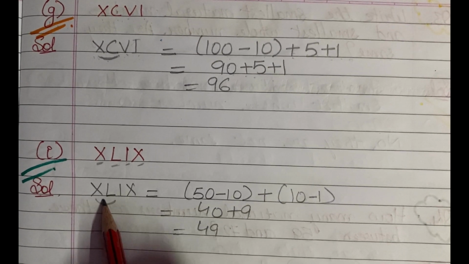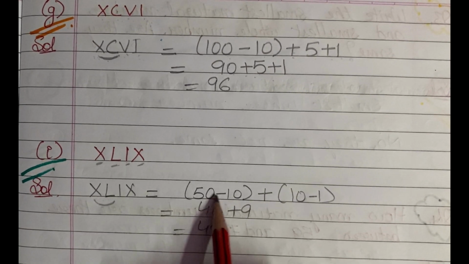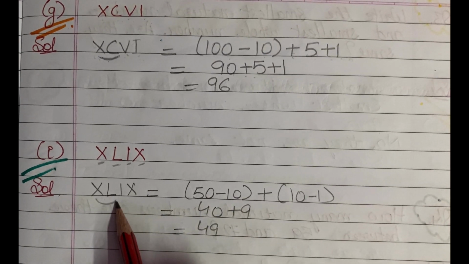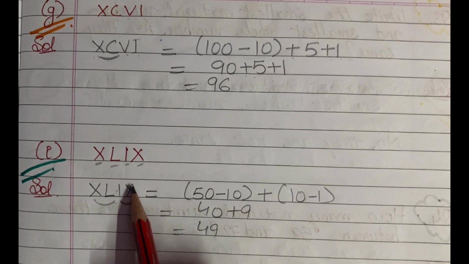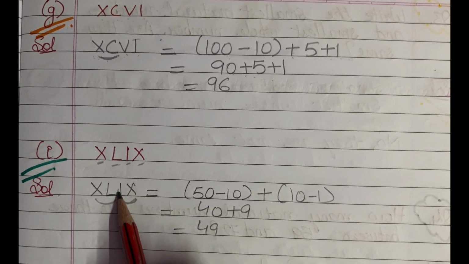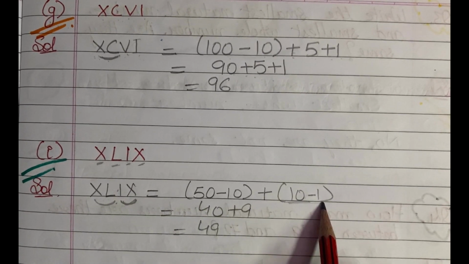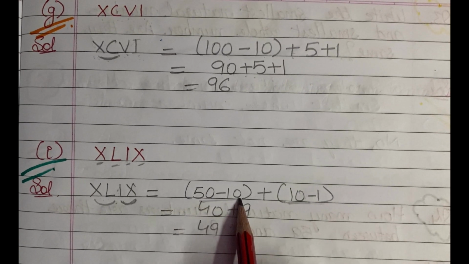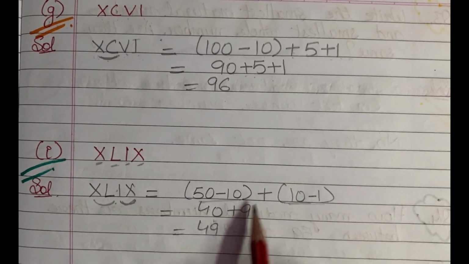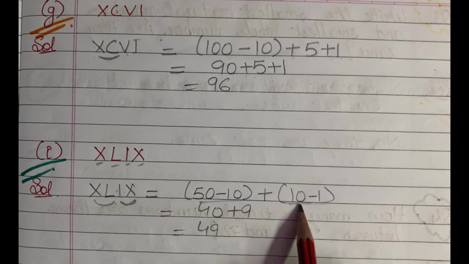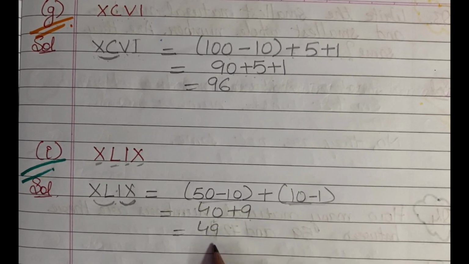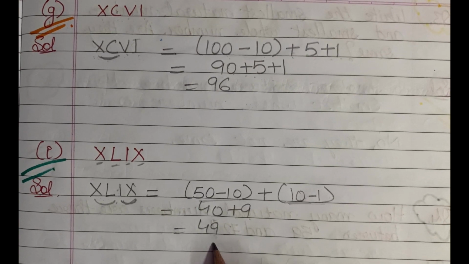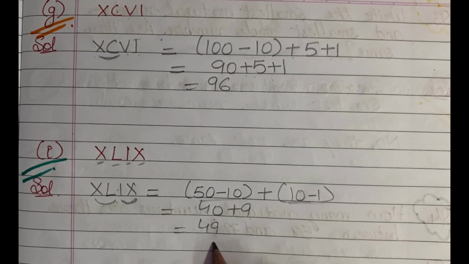So this means it is a case of subtraction, that means 50 minus 10, then plus sign will come. And here also the smallest symbol is written to the left side of the biggest symbol. So this means 10 minus 1. Now on solving 50 minus 10 we will get 40. Then plus sign will be as it is, and 10 minus 1 will give us 9. And 40 plus 9 is equal to 49. Hopefully it is also clear to you.